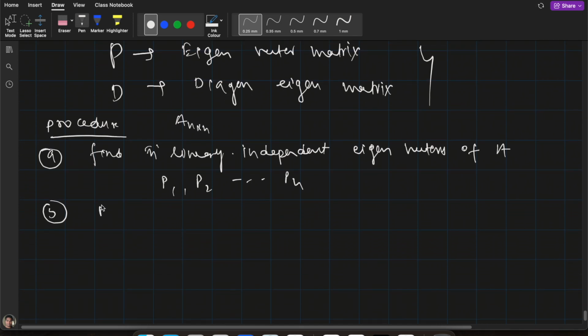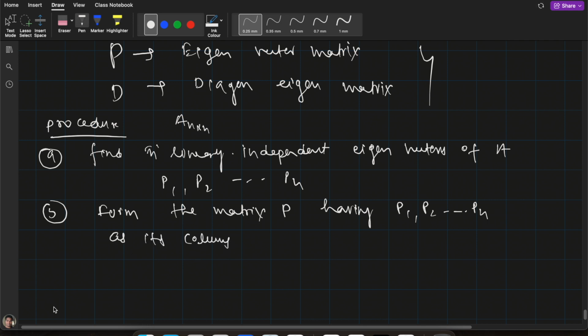And the second step, what will you do? Form the matrix P having P1, P2, Pn as its columns. Fine.